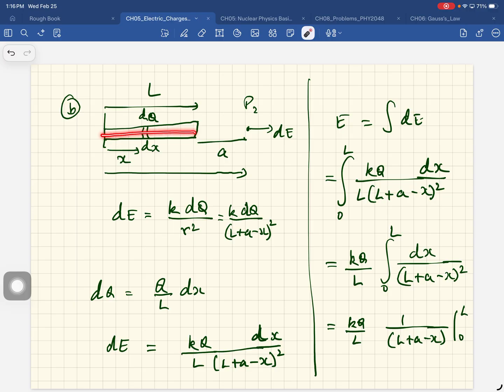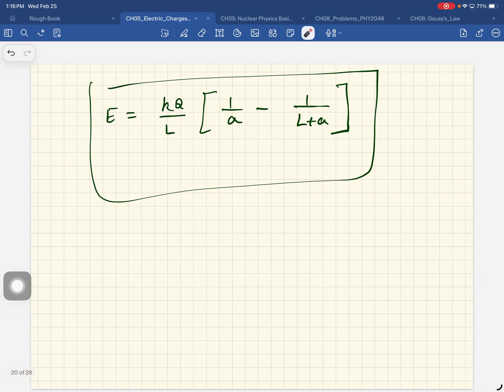Similarly, we are going to calculate the electric field at the center of the semicircle. Any other point would be very hard to do. Again, we'll calculate the electric field due to this piece and due to this piece. Due to this one, the electric field is pointing in that direction. Due to this one, it is pointing in this direction.